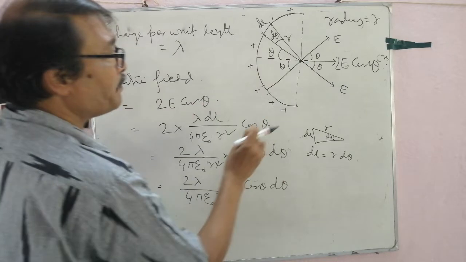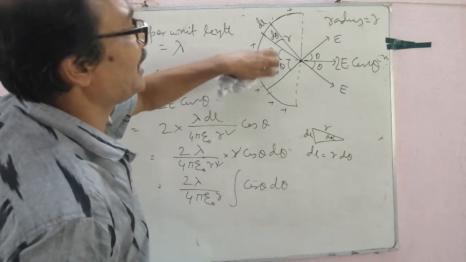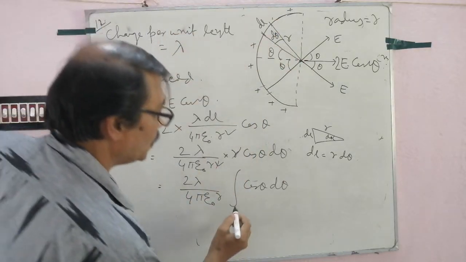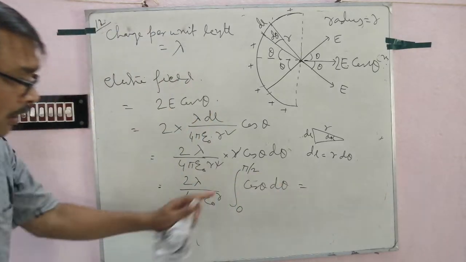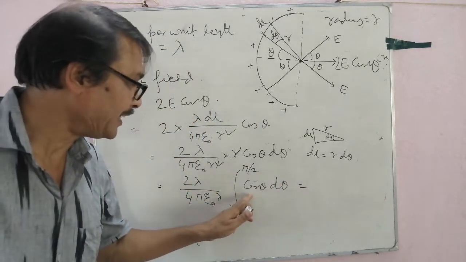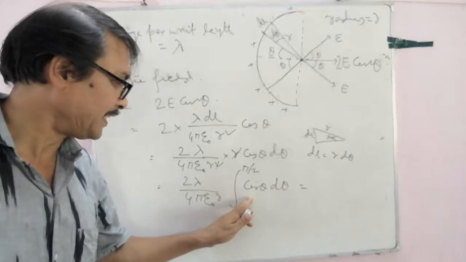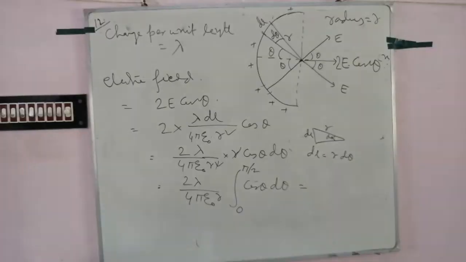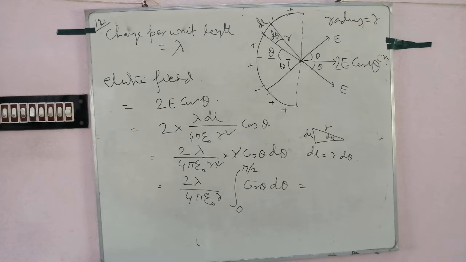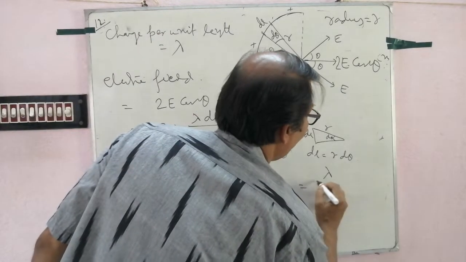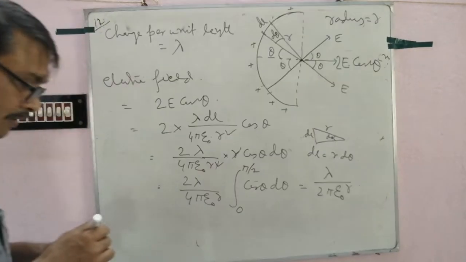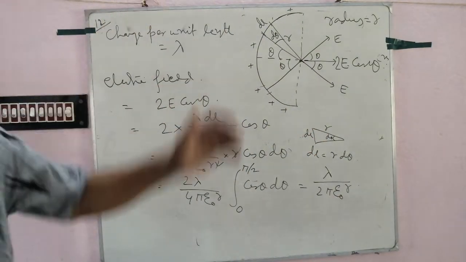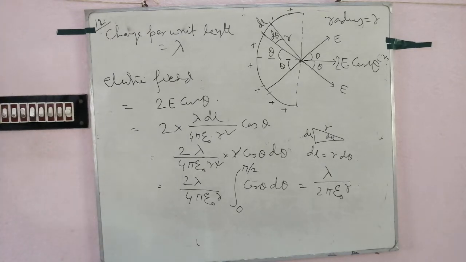The total is 180 degrees, but the lower portion is cos theta and the upper portion is cos theta, that is why 0 to pi by 2. You can easily integrate it: cos theta integration is sin theta, and you will get the result lambda by 2 pi epsilon naught r. Clear? So for the half ring we get the result.